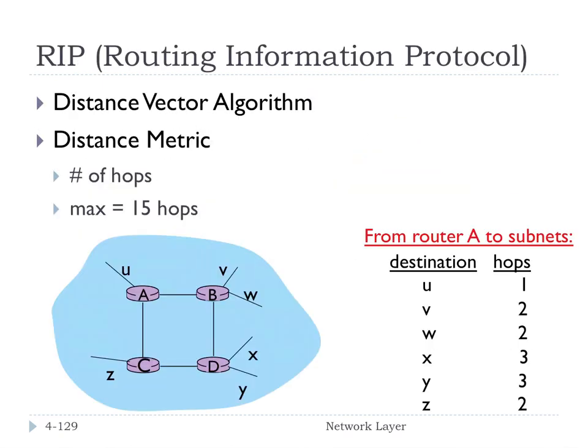So first, let's look at RIP and how it works. This was included in the BSD Unix distribution in 1982. So you could run RIP if you were running Unix, and you could run your computer as a router. It's a really old and open routing protocol. It's a distance vector algorithm, so that means we have to send our distance vectors to our neighbors.